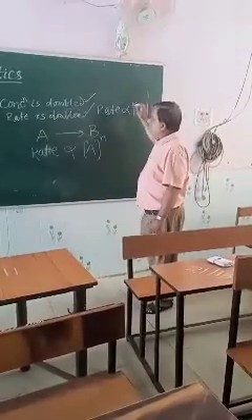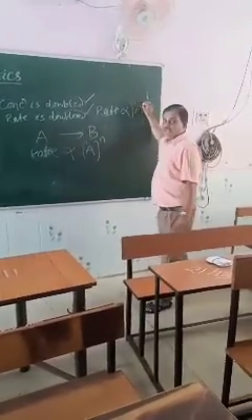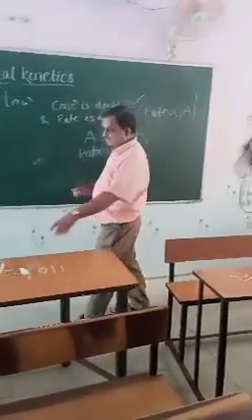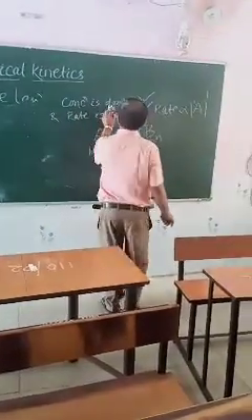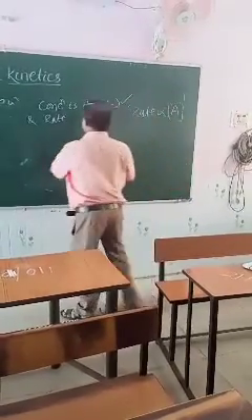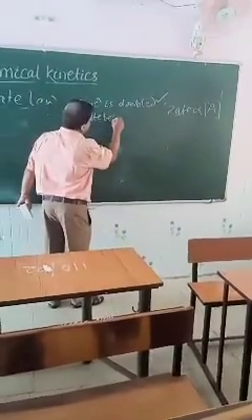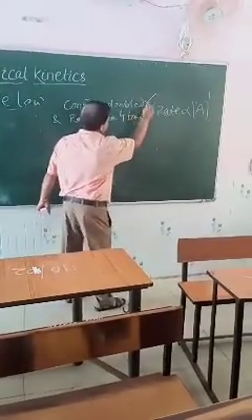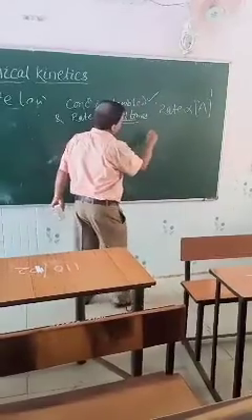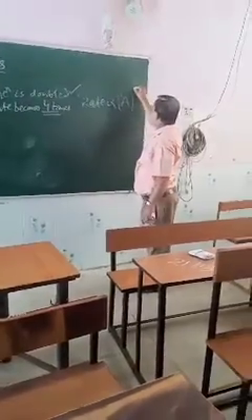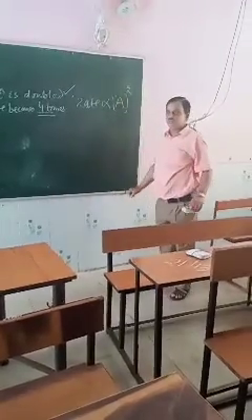So the value of n is determined experimentally. If the concentration is doubled and the rate is quadrupled, rate becomes 4 times, that indicates rate is directly proportional to concentration of A to the power 2.